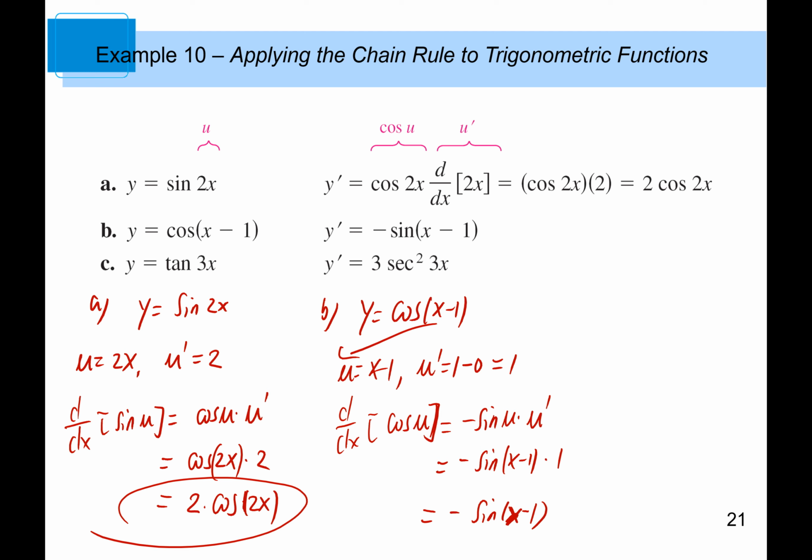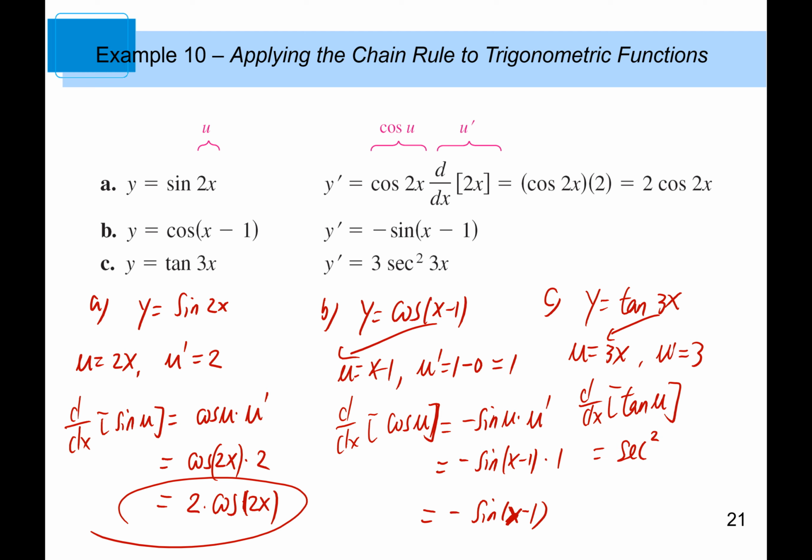Okay, the very last one. Y equals tangent 3x. So we assume u equals 3x. Then u prime is 3. So tangent u: the derivative of tangent u is secant u squared times u prime.